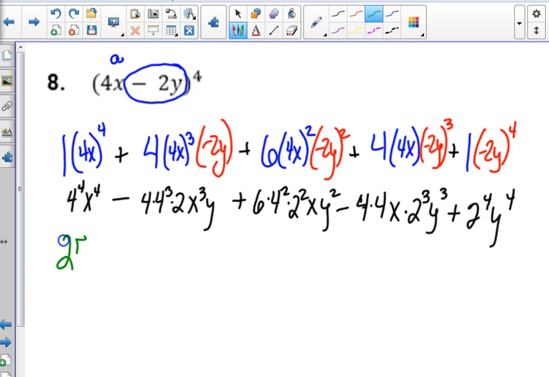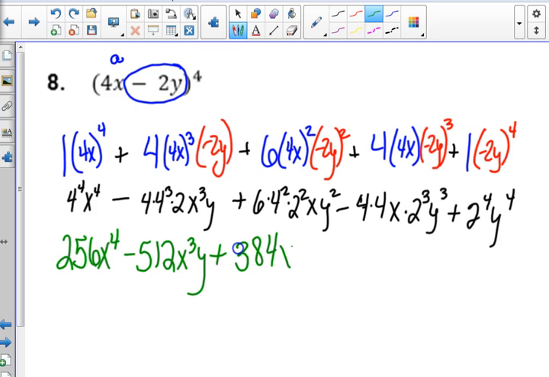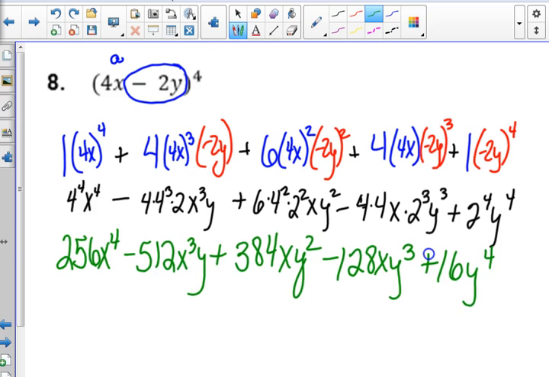Is the first one 256? Okay. I know you want to cry a little bit, but can you imagine foiling that all out and trying to collect all the like terms together and figure out if you got it right or not?